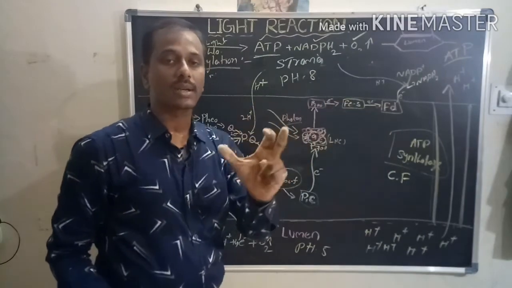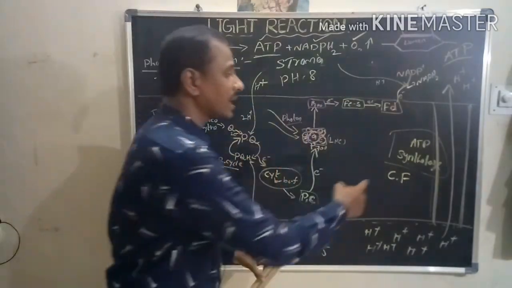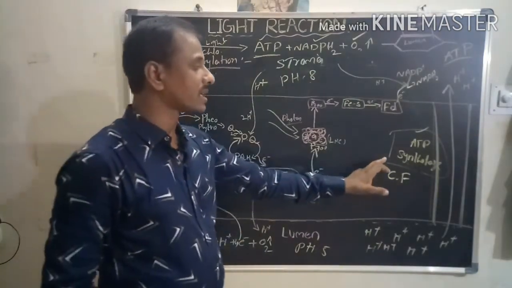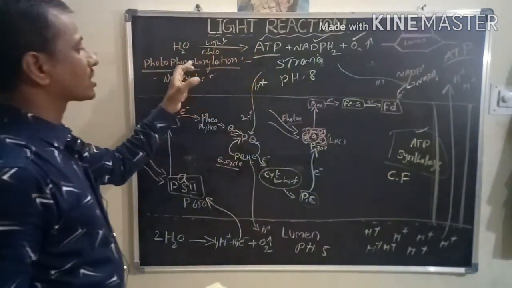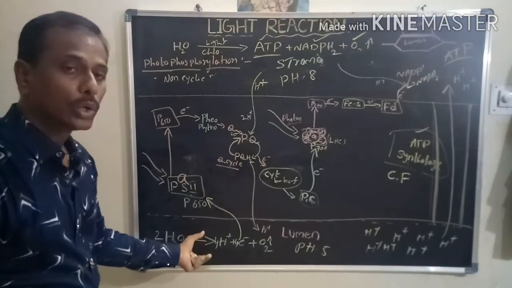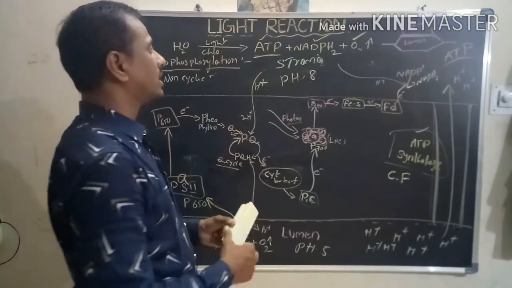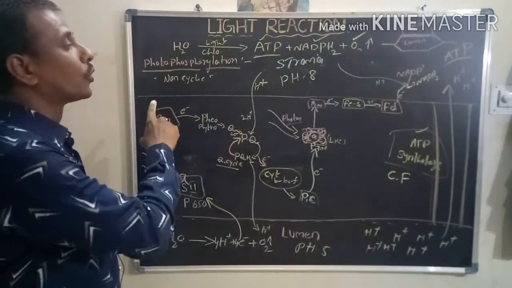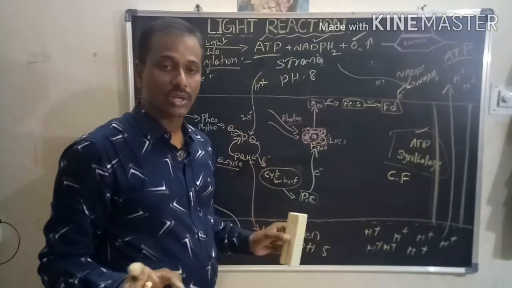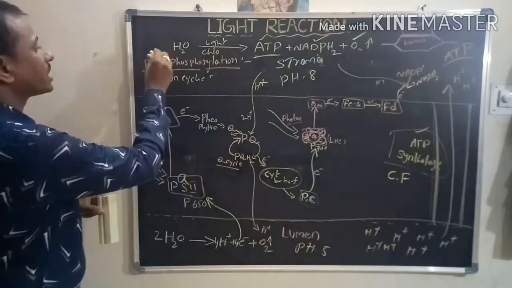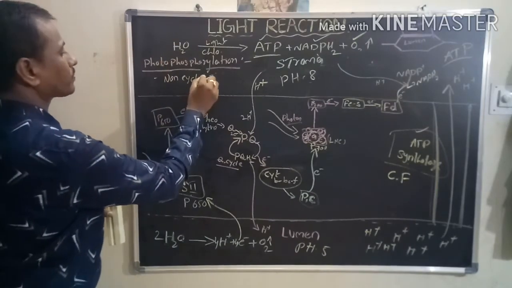Finally, ATP synthetase. With the help of these proteins and enzymes, the light reaction is completed in the thylakoid membrane and in the lumen. So this process is called light reaction or photophosphorylation. We have finished only one, that is non-cyclic photophosphorylation.